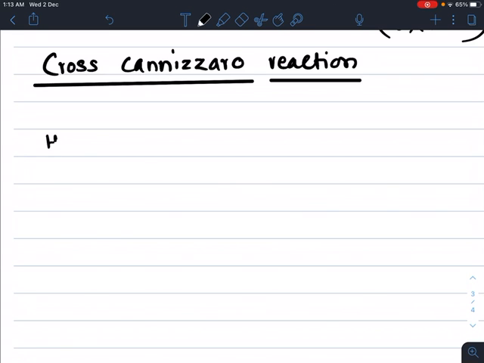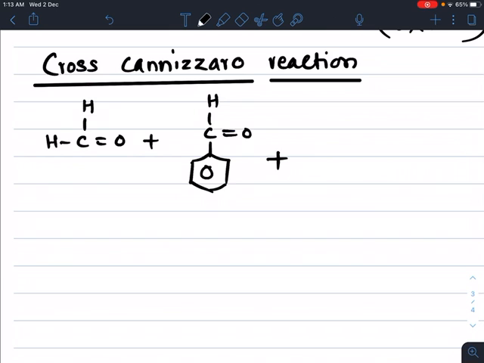If we take one molecule of formaldehyde treated with a molecule of benzaldehyde, that is, a mixture of formaldehyde and benzaldehyde treated with 50% KOH or NaOH solution, that is, concentrated NaOH or KOH, and the mixture is heated, we get one reduced product and one oxidized product.